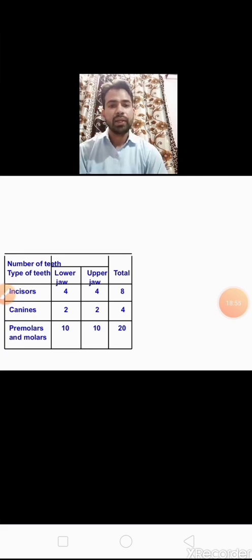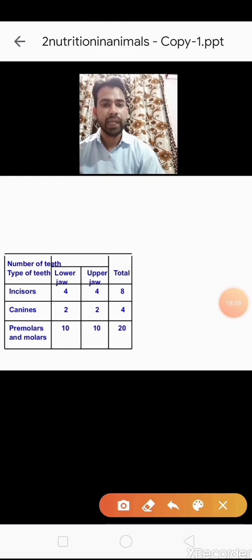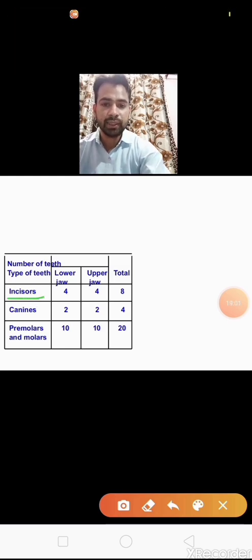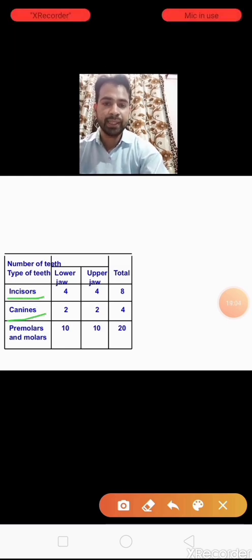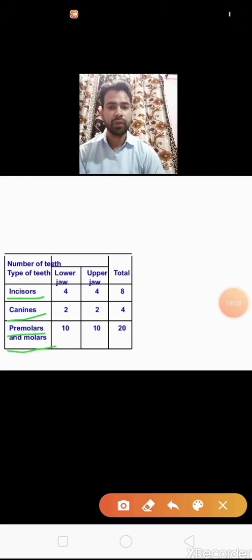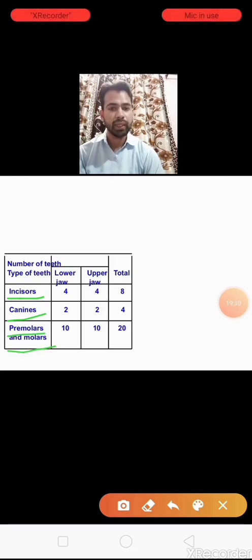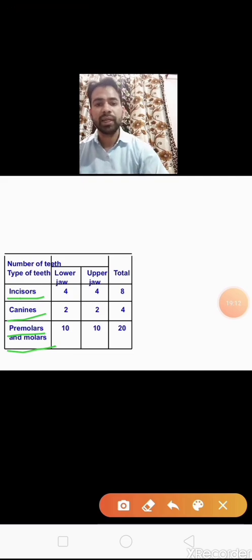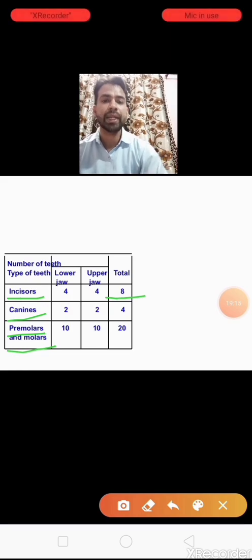In this chart you can see the four names written: incisors, canines, premolars and molars. Okay, see their number. Incisors, the total number is 8.